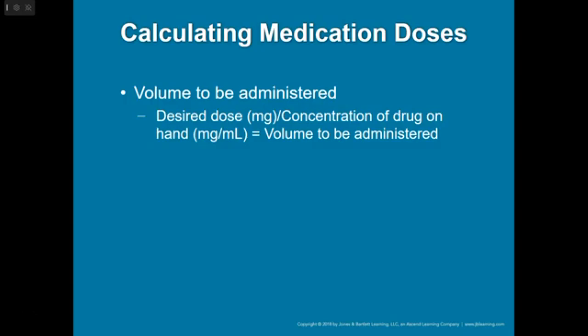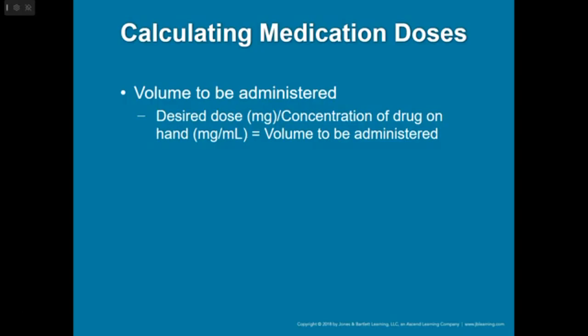Desired dose is 50 micrograms. Our concentration of drug on hand, say we have 100 micrograms per milliliter. So we take our 50 micrograms divided by 100 micrograms per milliliter. I don't have any way to show you on the screen here, but that would be half of a milliliter.